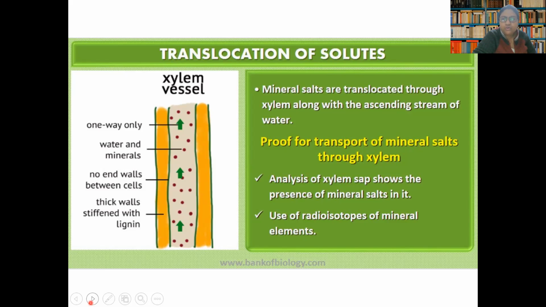Now, how do we know that root is absorbing and then it is reaching to every part? Scientists used radio labeled isotopes of mineral elements. For example, if you want to see what manganese is doing and where it is going, from where it is absorbed by the plant, what we can do is we can use radio labeled manganese isotope.